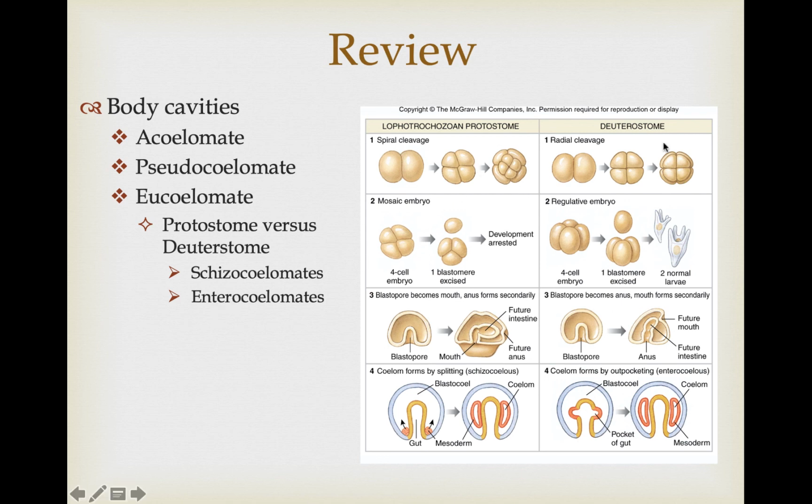But in general, I do want you to know the differences between protostomes and deuterostomes and whether they have spiral or radial cleavage, whether separating the embryo kills off the embryo, the mosaic situation, or a regulative embryo in which that can produce identical twins or quadruplets, depending on where the embryo splits.